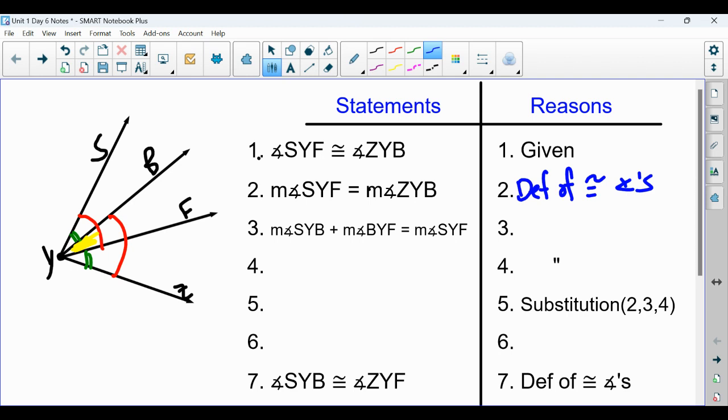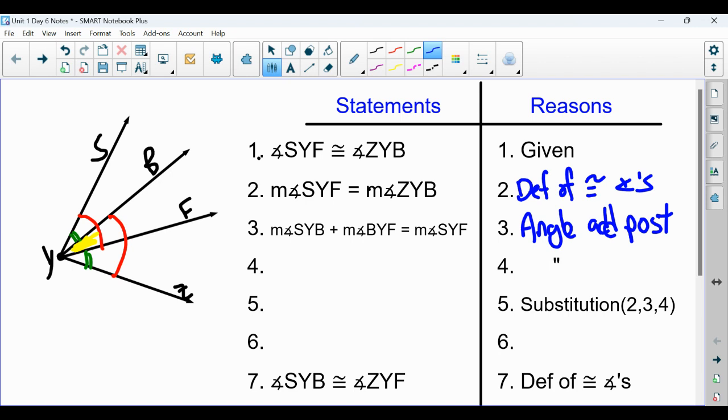All right, step 3 says that SYB plus BYF equals SYF. The two parts make up the whole. That is the angle addition postulate. It says that the two parts make up the whole. All right, the clue for step 4 has quotation marks under step 3, so that means I'm also using the angle addition postulate in step 4.